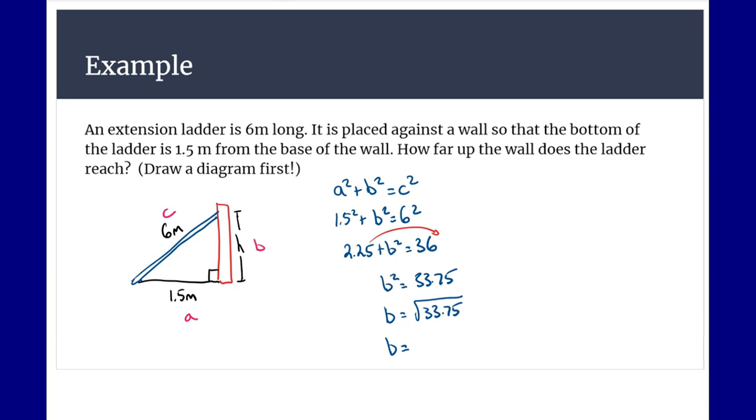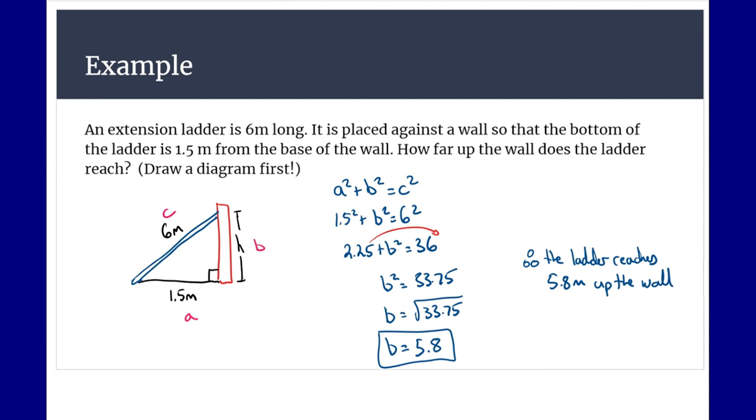I get that B is equal to 5.8. So that means that the ladder reaches 5.8 meters up the wall.